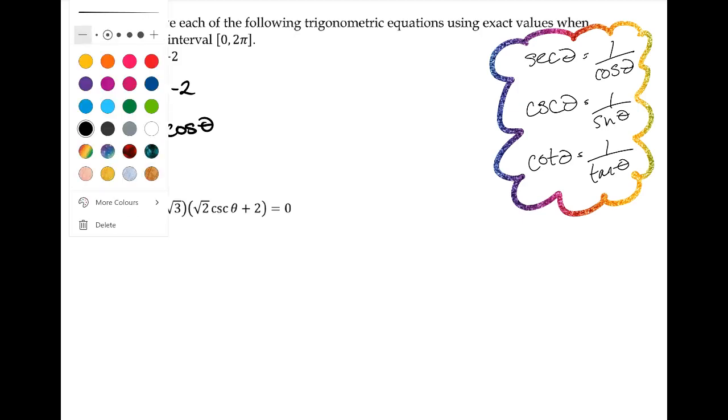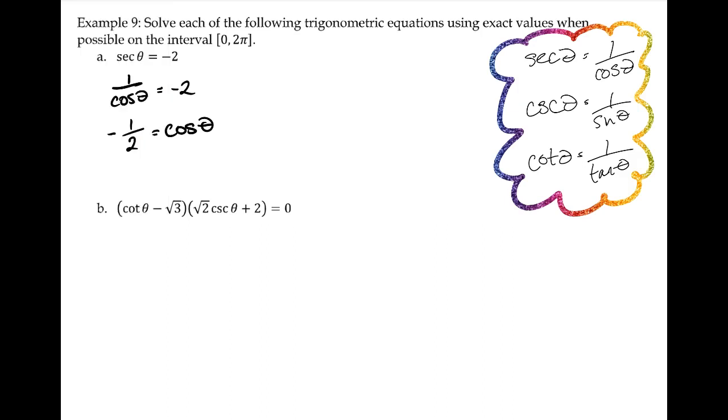So with all that in mind, I can now say, well, I know my reference angle is for 1/2, and cos is 1/2 at, and again, I check my interval and it says it's in radians, so I'm going to look at that and be like, okay, that's pi over 3 as my reference angle, but I know that cosine is negative in quadrants 2 and 3, so that's where I'm going to work. So my final answer is going to be in quadrant 2 and in quadrant 3.